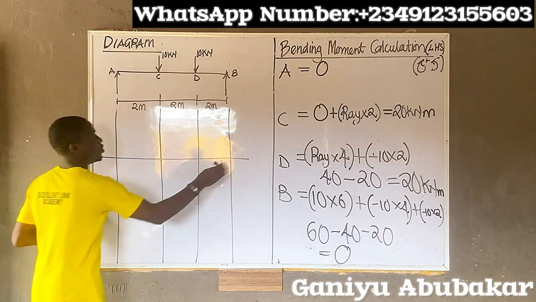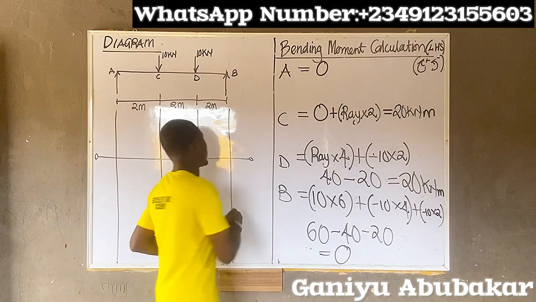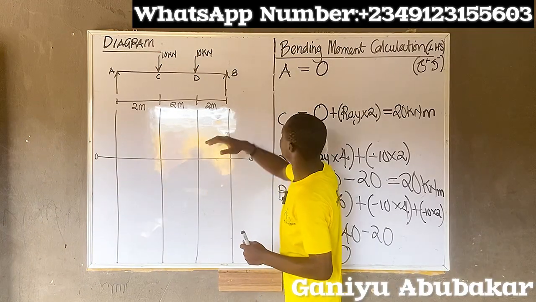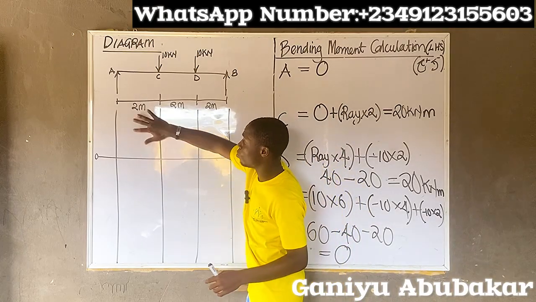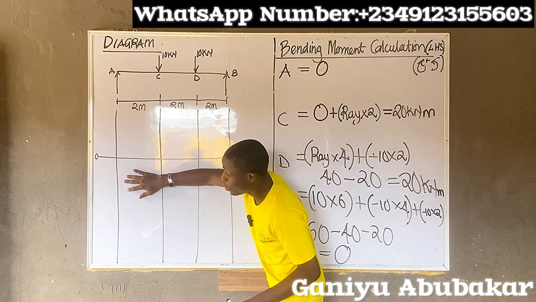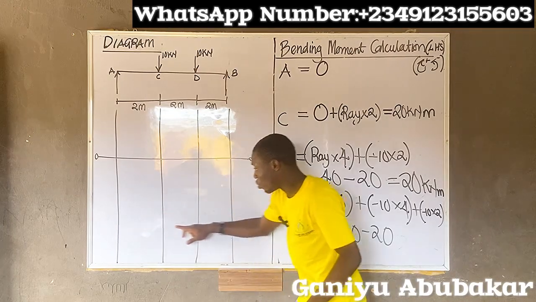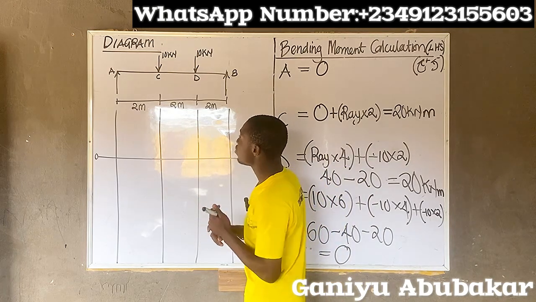So this is my point 0. Now listen, I'm doing my shear force first, because the shear force comes first, right? I'm doing my shear force up. So this is the positive side, negative side for my shear force. For the moment, I'll still draw the origin down here. Now, what do you observe?